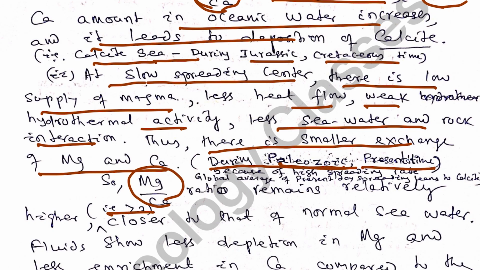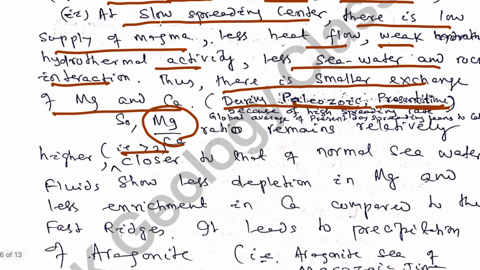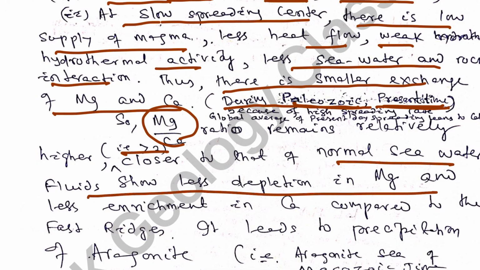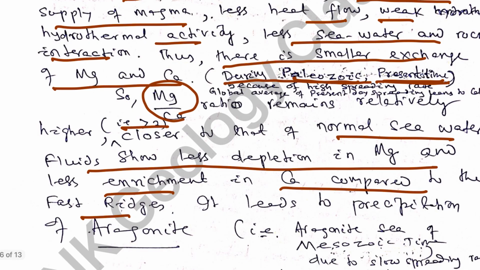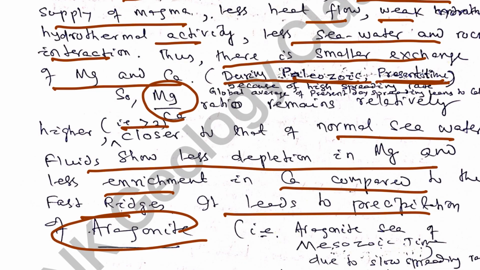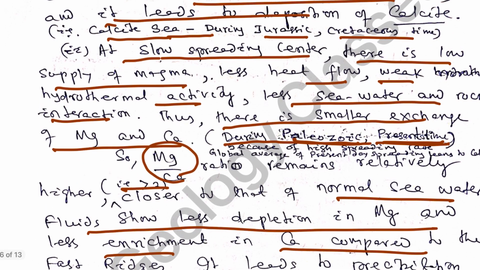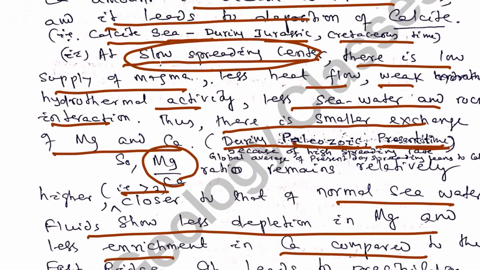So in Paleozoic time and present time, this ratio is high, and therefore we do not find this sea to be calcitic. Here the seawater becomes aragonitic. So we find the formation of aragonite sea in case of slow spreading ridges.